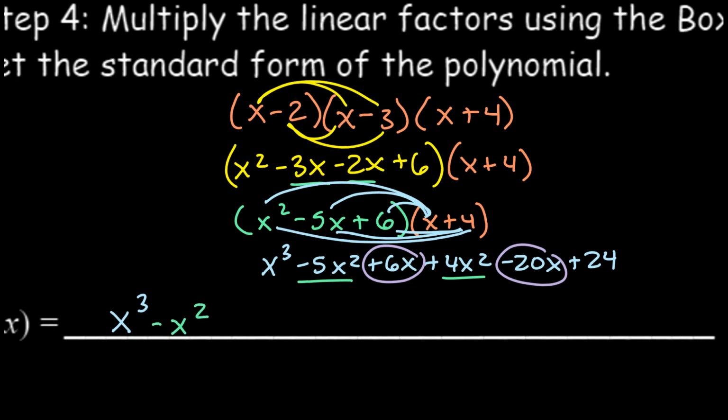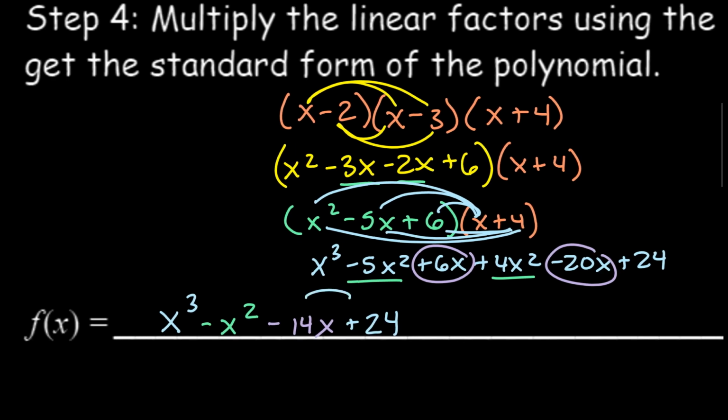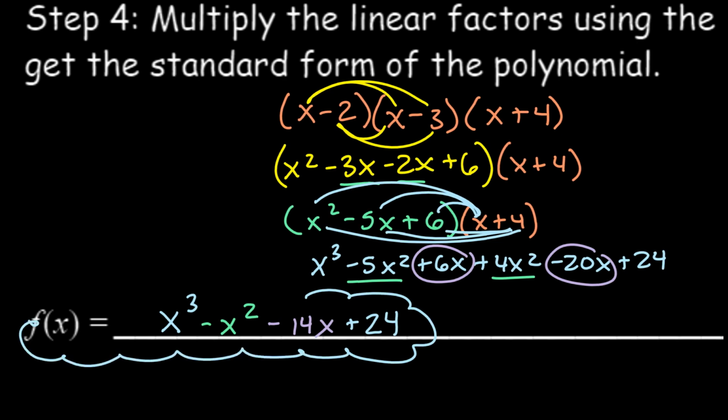What do the plain x's combine to be? Negative 14x. And then the 24 doesn't combine with anything. So you're done. That's it. Make sure you have an f of x or a y in front to create the equation. Otherwise, it's just an expression.